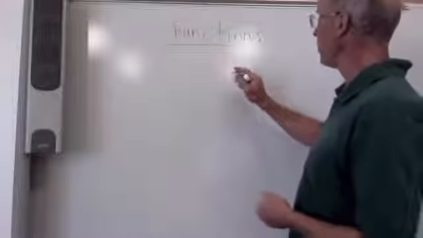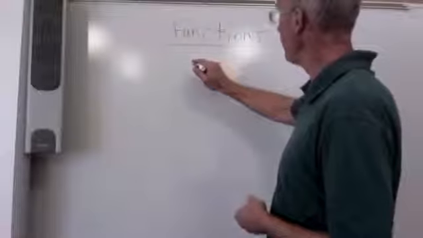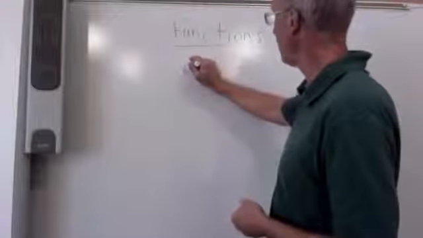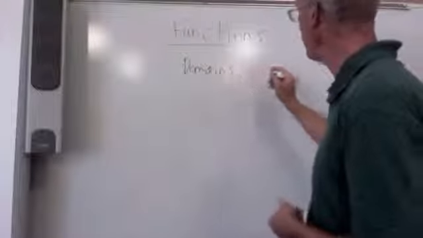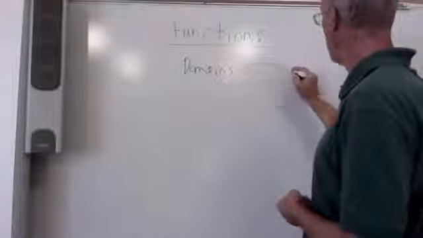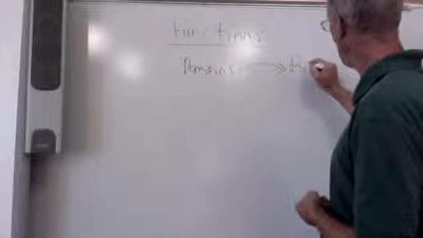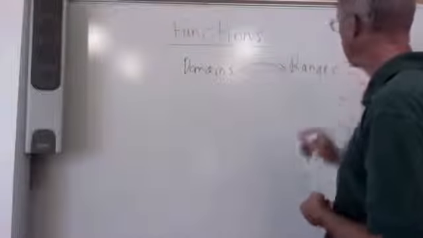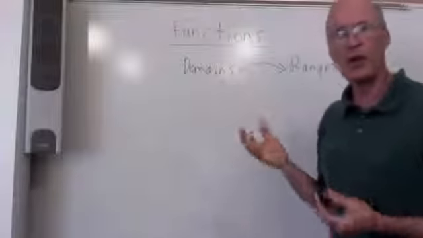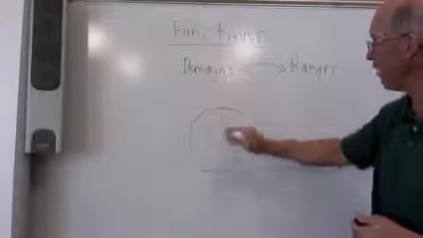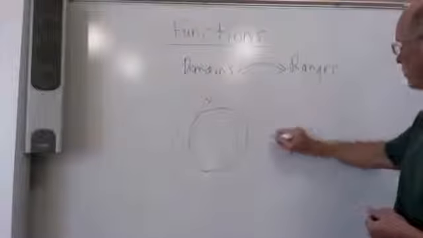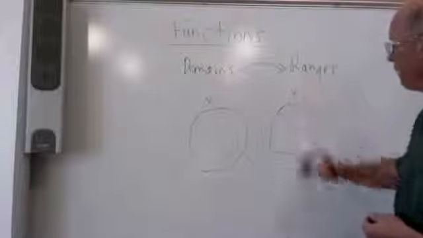So in simplest terms, a function is a set of domains. Remember we talked about that yesterday when we talked about relations that map onto a set of ranges. We had a set of x values, and we had a set of y values.